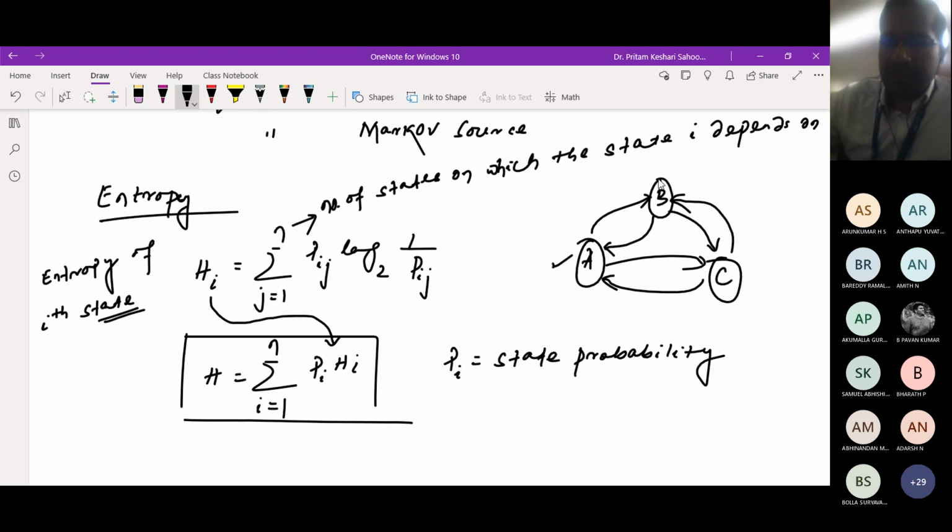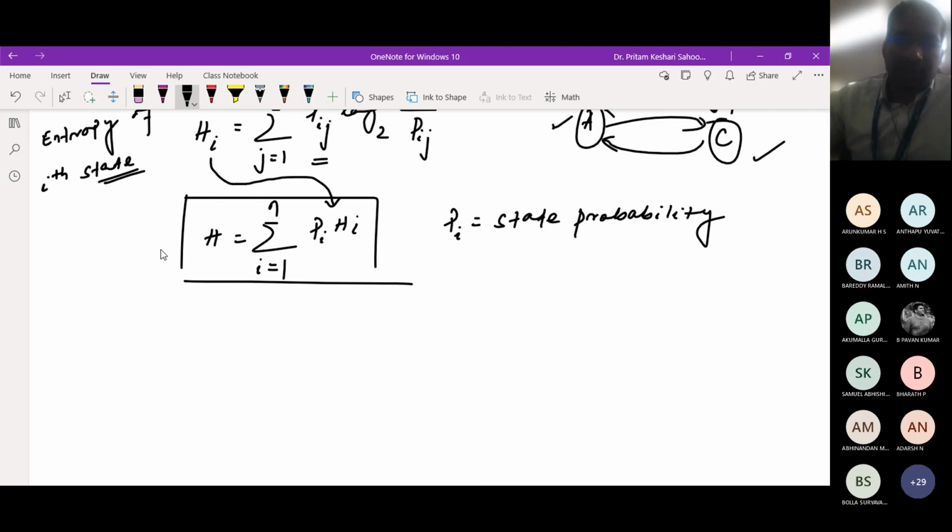This is state A, this is state B, this is state C. Okay, so here in this case, when we are calculating the probabilities, we will calculate the average information, that is, what is the probability the state I is dependent on state J. That means state A is dependent on state B, state A is dependent on state C, and so on like that. We will see it by an example in the next class.